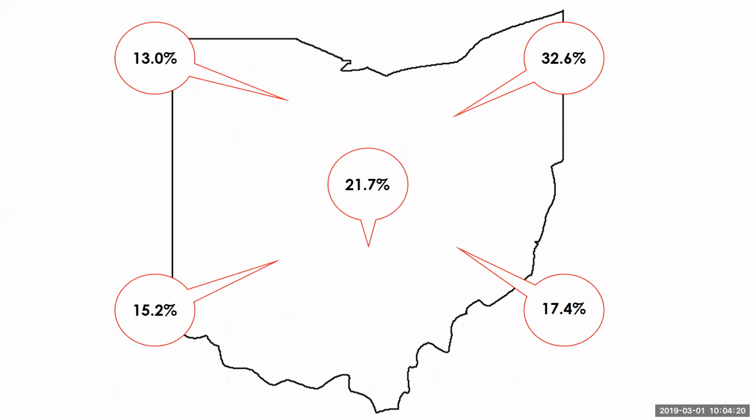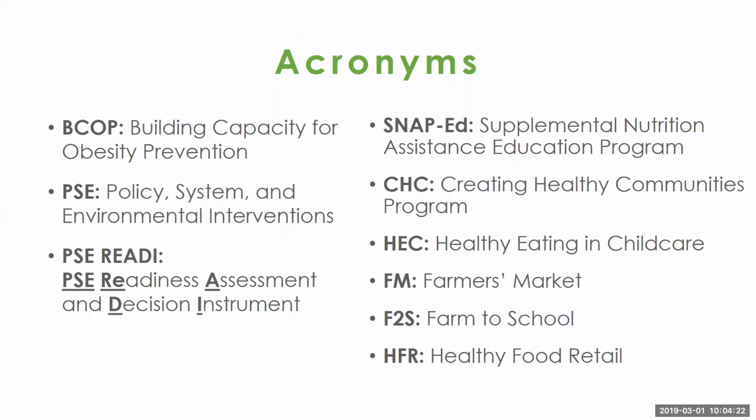Now, whether you're new or know a bit about the PSE Ready tool, we want to share some useful acronyms with you. However, this is likely not the first time that you've heard of them. So first, the name of the project is called Bcup, or the Building Capacity for Obesity Prevention Project.